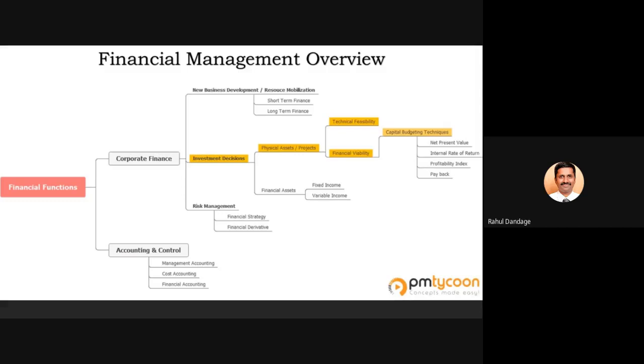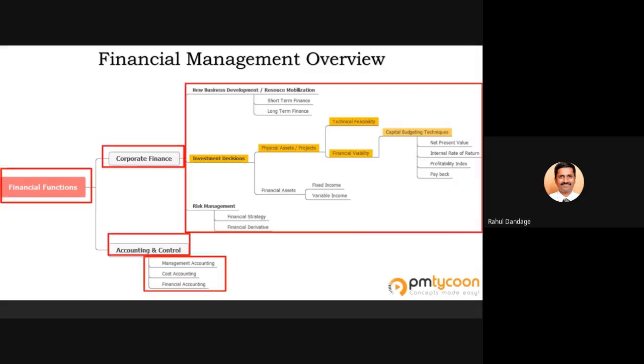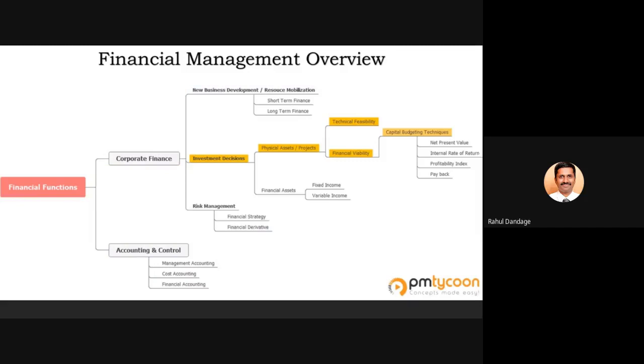And let's say the project is technically feasible, then the organization would conduct the financial viability to know whether it is worth investing the money in the project or in some other asset or some other project. So if you plan to become a financial management guru, learn all these functions. Okay, so let's move on to the next slide.